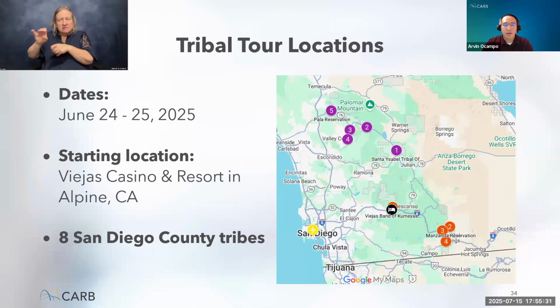We engaged with 8 tribal communities. On day 1, we visited southern San Diego County tribes. On day 2, we visited northern San Diego County tribes. And each day began at our central meeting location, the Viejas Casino and Resort in Alpine, California. Next slide, please.